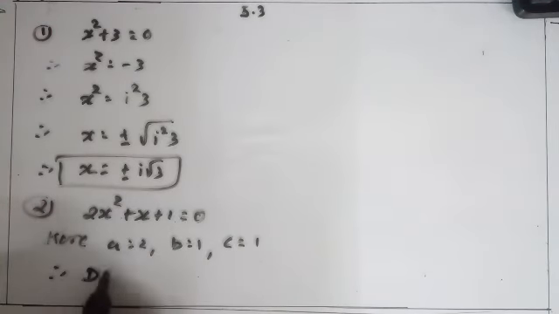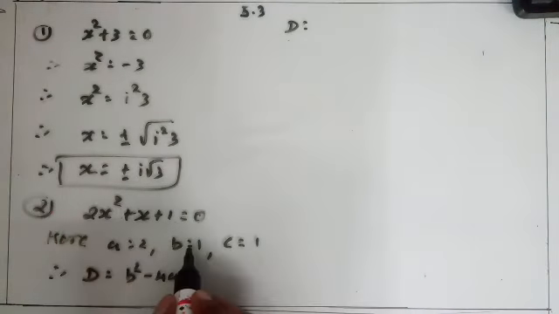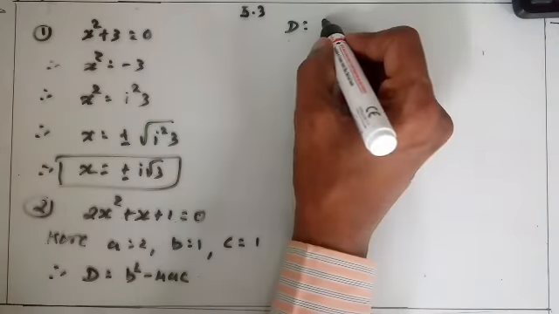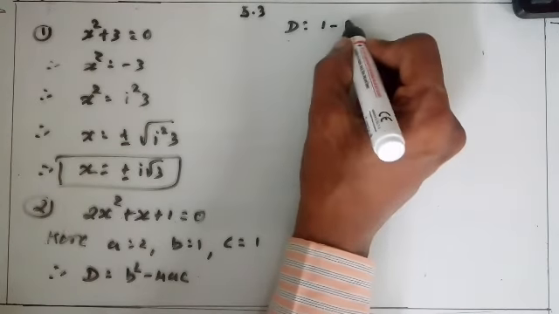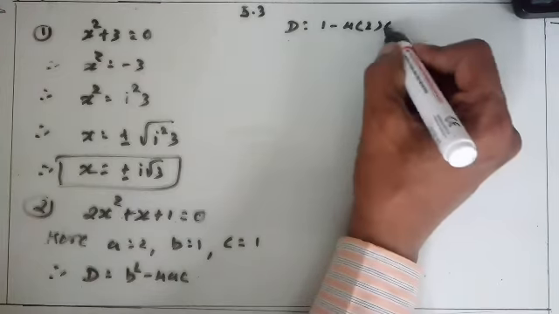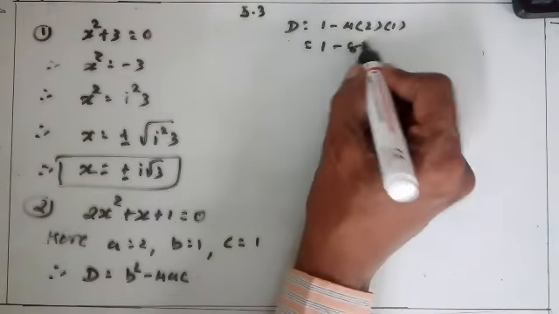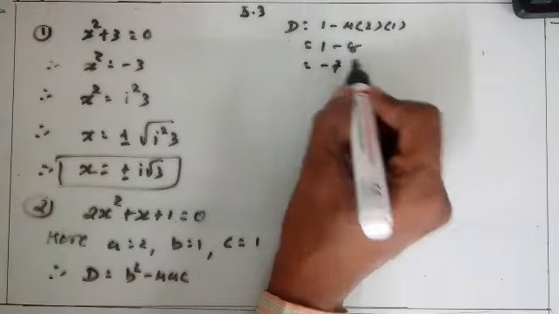Therefore the discriminant D = b² − 4ac, so D = 1² − 4 × 2 × 1, which is 1 − 8. So D = −7.